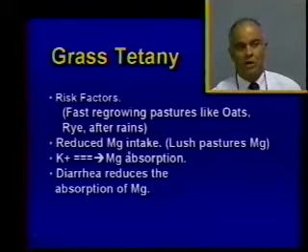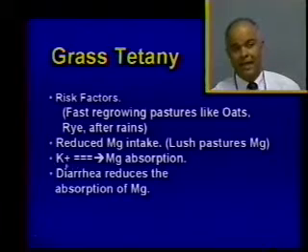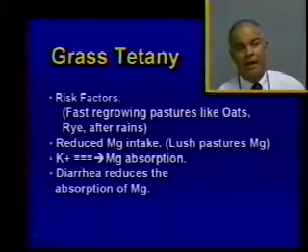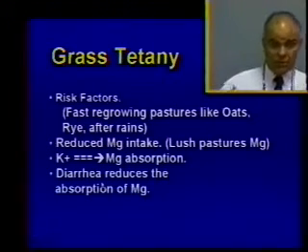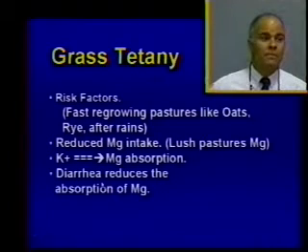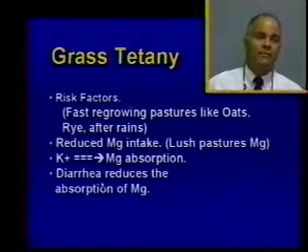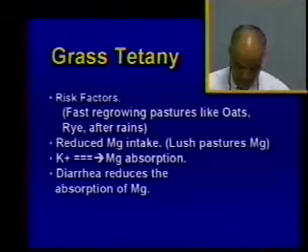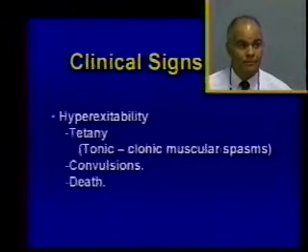Basically, there is a reduction in magnesium intake. They have diets that are high in potassium, such as some of these legumes. It interferes with magnesium absorption, so the higher the potassium, the more it may affect magnesium absorption. If an animal has diarrhea, for example, from an infectious source, that can also affect the magnesium absorption.